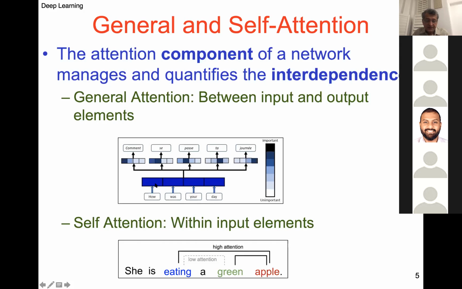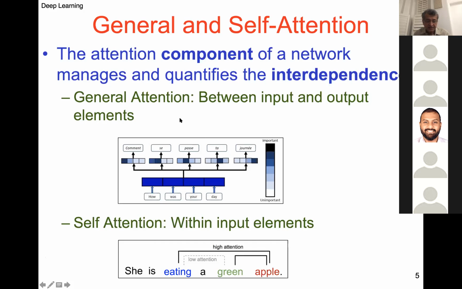So this is the kind of attention that would be generated as to relatively saying how important are for each of these words. So that information is part of the attention vector. So this is between input and output, that's general attention.